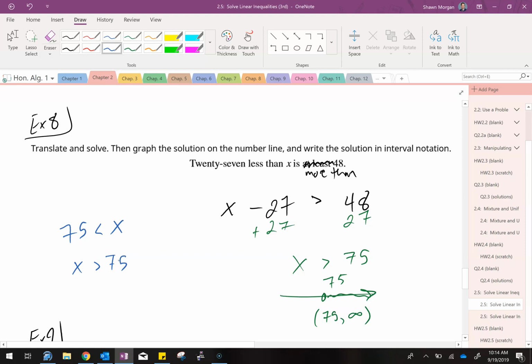I want you to be versatile enough to do it both ways, to understand that these mathematical statements are exactly the same except for the structure. They're communicating the same range of answers. Truth be told, if you forced me to say which one I prefer, I would prefer the one with the variable on the left just to match convention, but certainly you don't have to. All right, good question, Napoleon. Other questions?